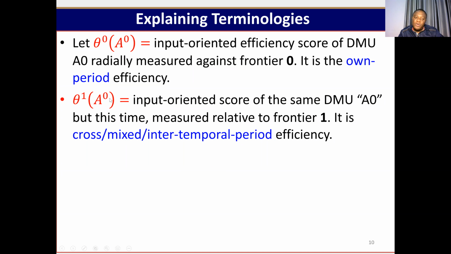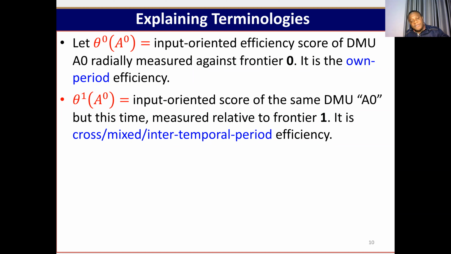The way you read this is the efficiency of firm A in year 0, but that efficiency is being measured in relation to frontier 1. Because the superscripts are different, we call it a mixed period efficiency.